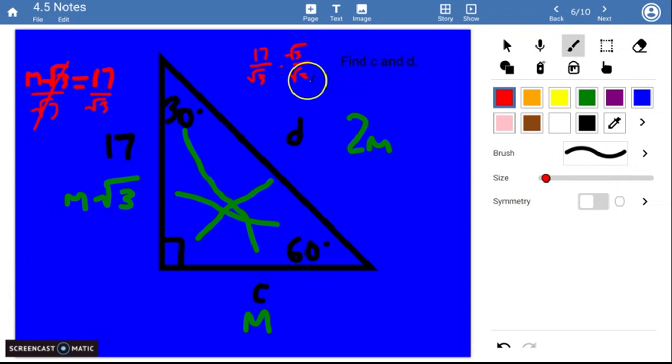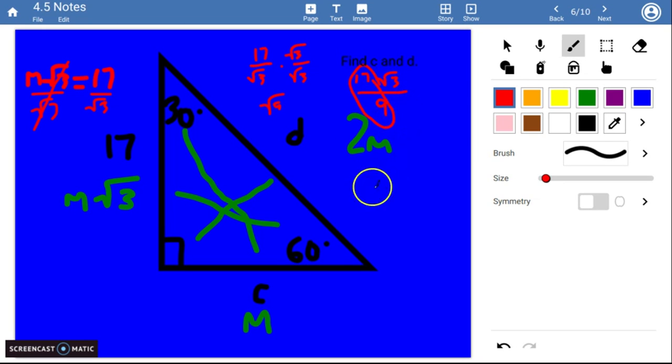On the top we will have 17 root 3. On the bottom, you multiply those and get the square root of 9, which we know is just 3. Then we have to combine like terms, so we have the 17 and 9. So 17 divided by 9.